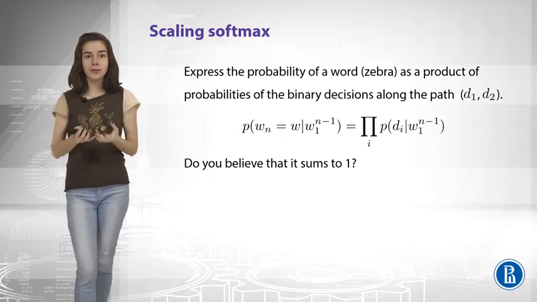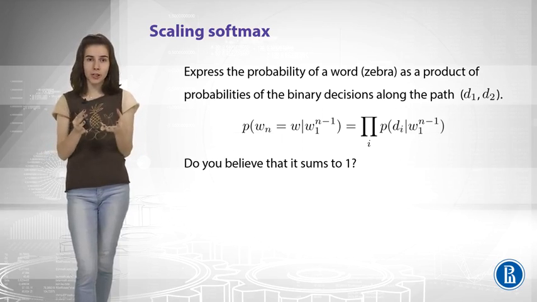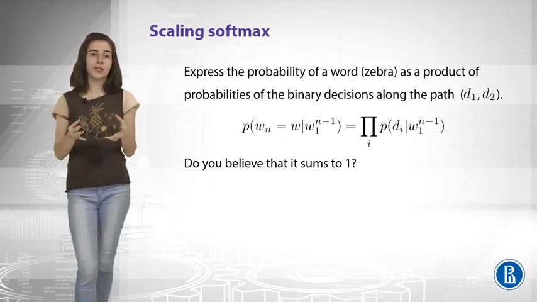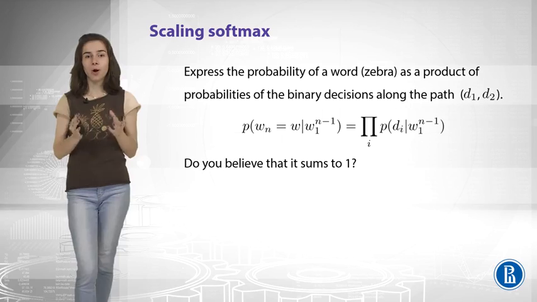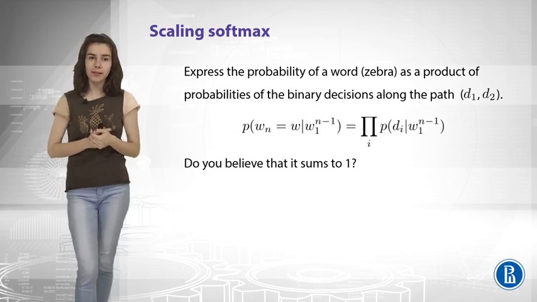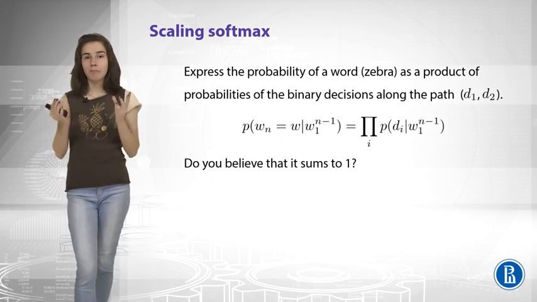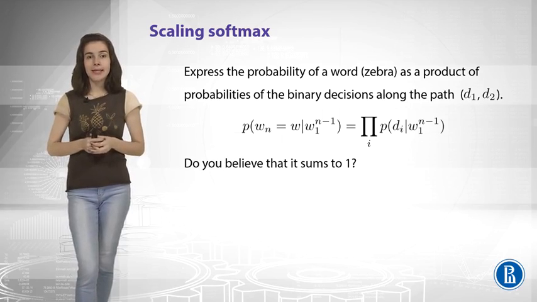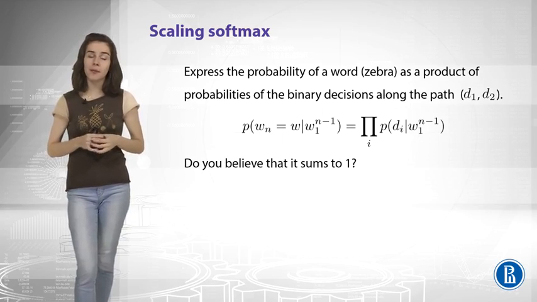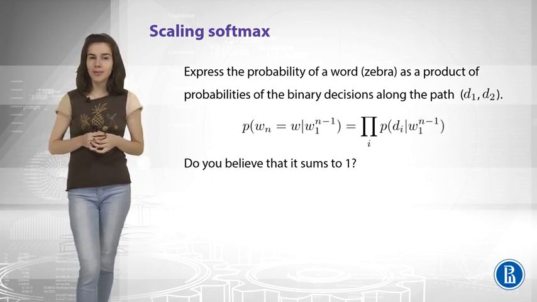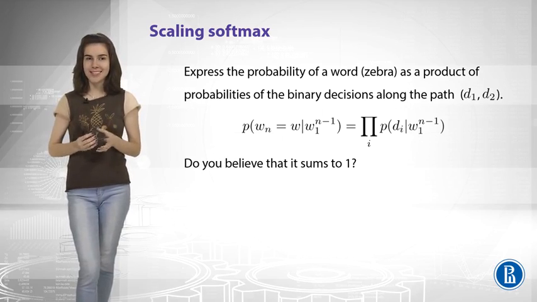And we build these probabilities into a product, so that this product is going to estimate the probability of the whole word. Now, do you believe that this product of binary probabilities is going to be normalized into 1 across the whole vocabulary? Well, sounds like magic, doesn't it?